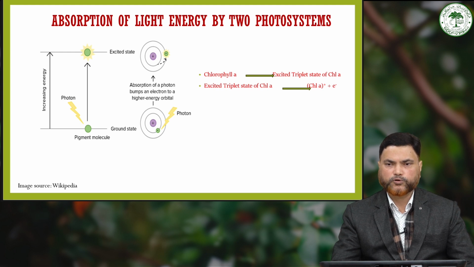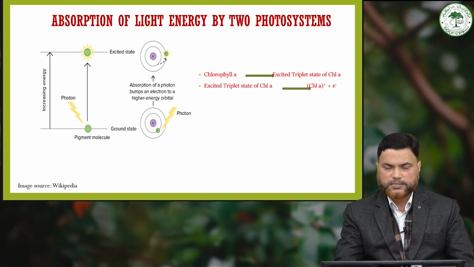The special pair of photosystem 1 is called, as I mentioned earlier, P700, while the special pair of photosystem 2 is called P680. However, chlorophyll can also absorb light energy directly.